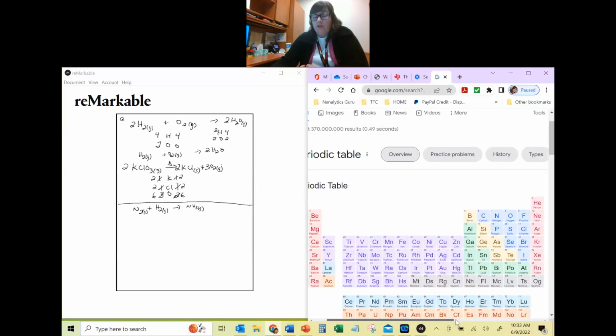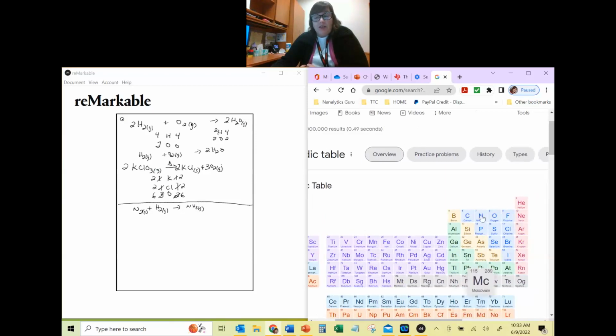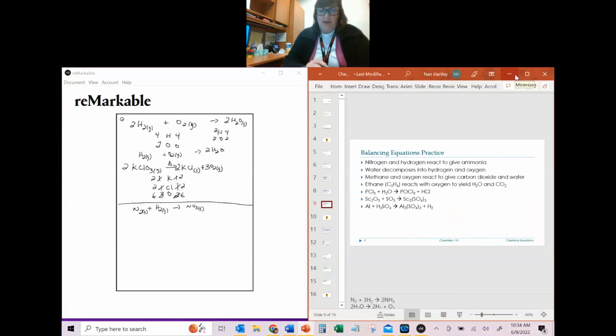The rest of them on the table form what I like to call the 7. So there are actually 7 of these: 1, 2, 3, 4, 5, 6. Nitrogen, oxygen, fluorine, chlorine, bromine, and iodine are 6. And then H2. So those are the ones that always appear as diatomic gases when they're by themselves. That's how they appear. We'll get to why someday.